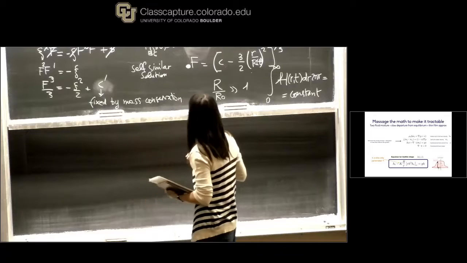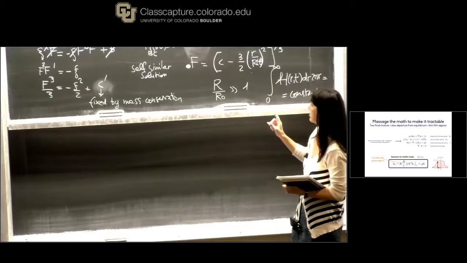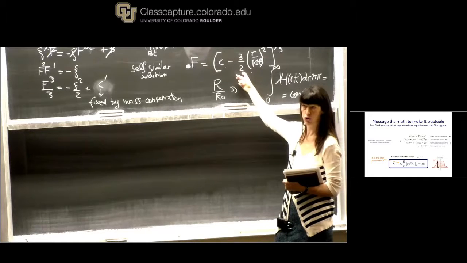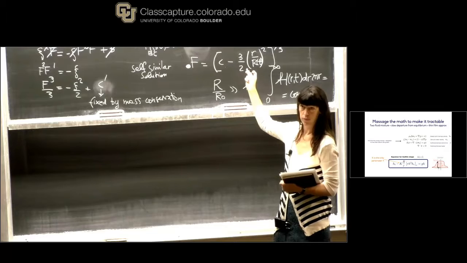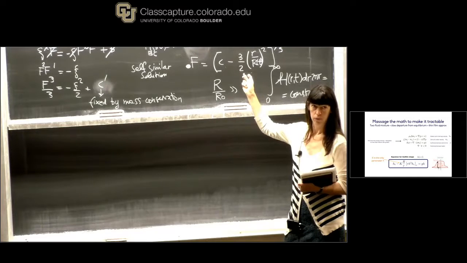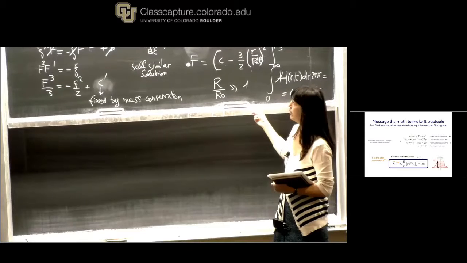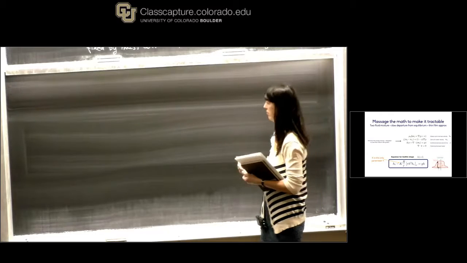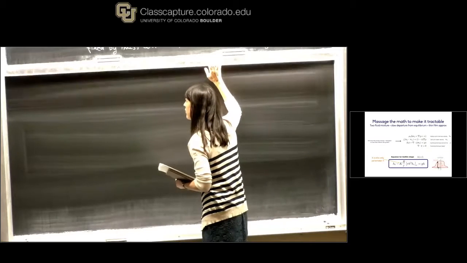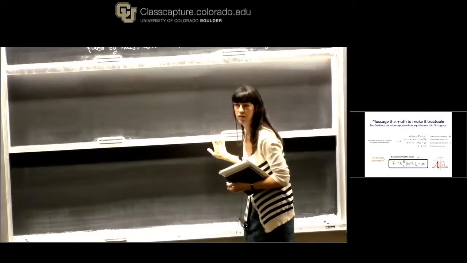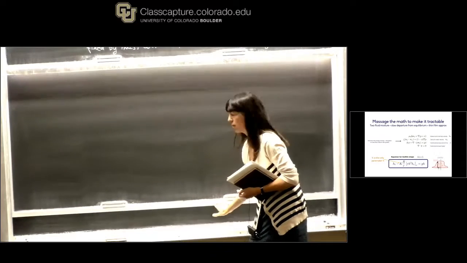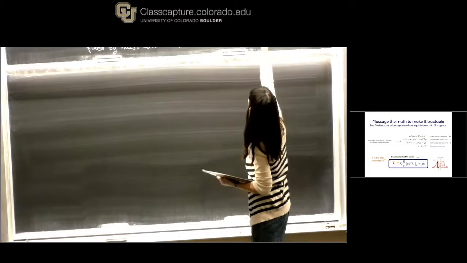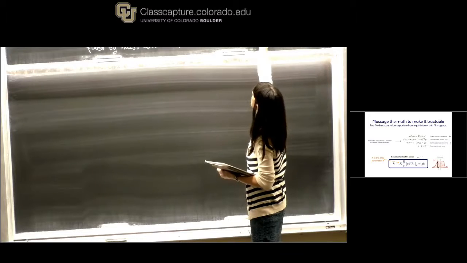Okay, so the first comment was made. The second comment is, if we were to draw this solution, do you see any problem? Small r doesn't matter because it's at the numerator.